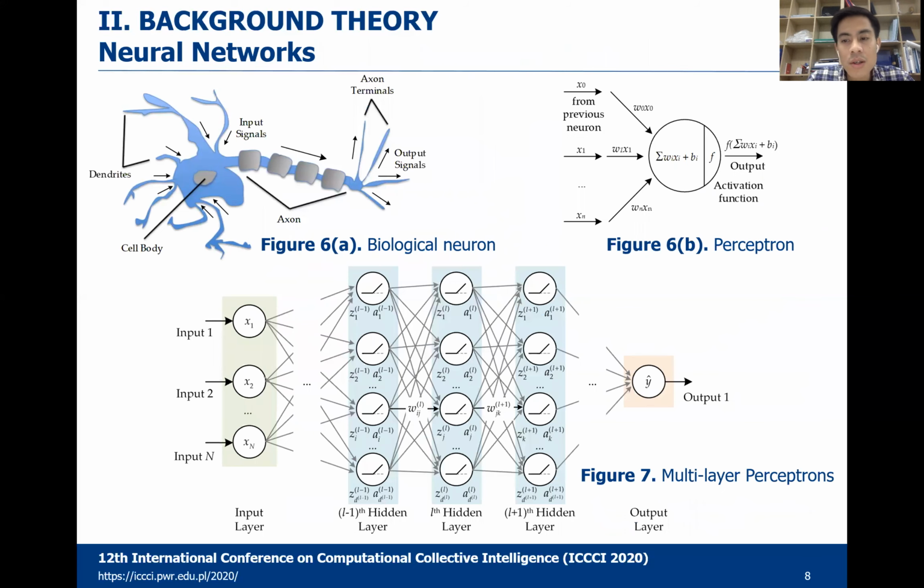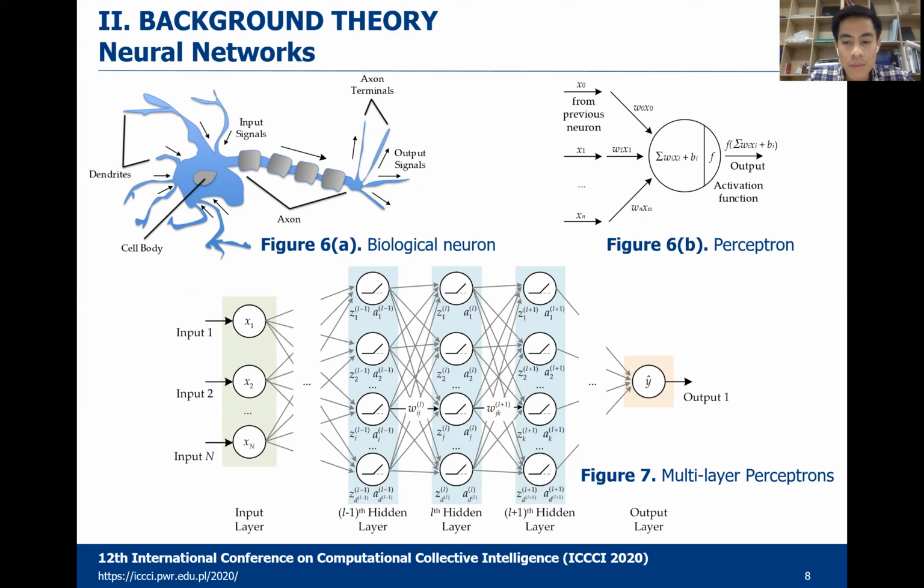The second algorithm we use in this study is the neural network. While many architectures of neural network have been developed, we use the feed-forward neural network, which is commonly used in the structural engineering field. It is designed based on the structure of the human brain, which contains many neurons organized into multiple layers, including the input layer, hidden layers, and output layer.